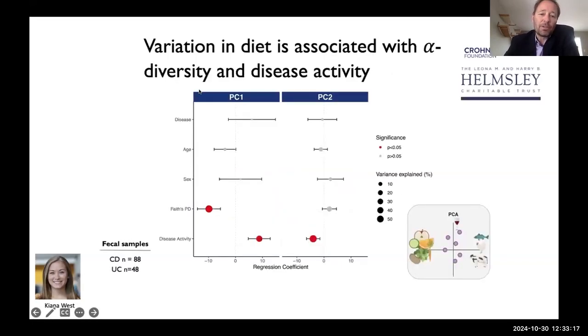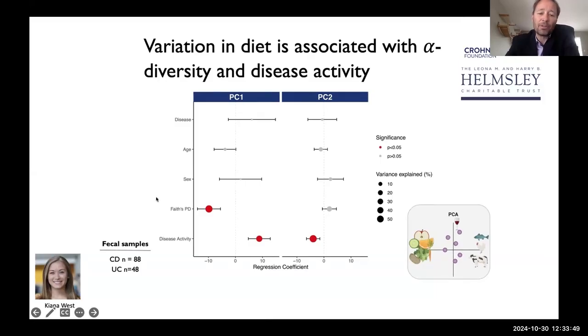And so when we look at disease, and that means ulcerative colitis, Crohn's disease, or non-IBD controls, you can see that the proportional dietary patterns, based on spectral counts, are not statistically significantly changing between these different conditions. There are no apparent dietary patterns that exist within age or sex.